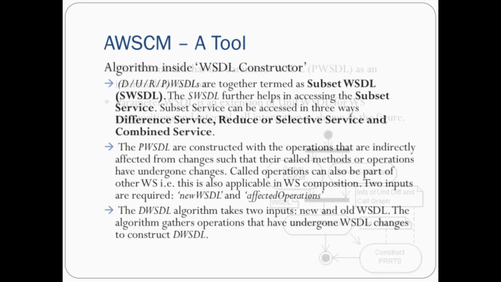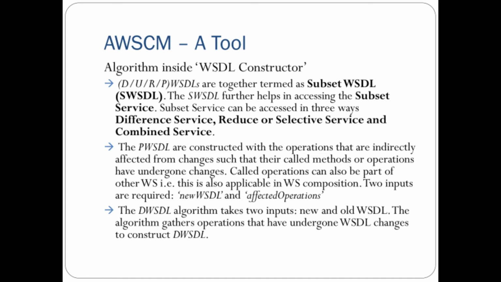So how did we do this WSDL construction? Algorithms work inside the WSDL construct, and we have seen these algorithms. The difference WSDL, unit WSDL, reduced WSDL, and parameter WSDL are termed subset WSDL in general. And these subset WSDLs are further helpful in accessing the subset service, which is given in another complementary paper of this work.